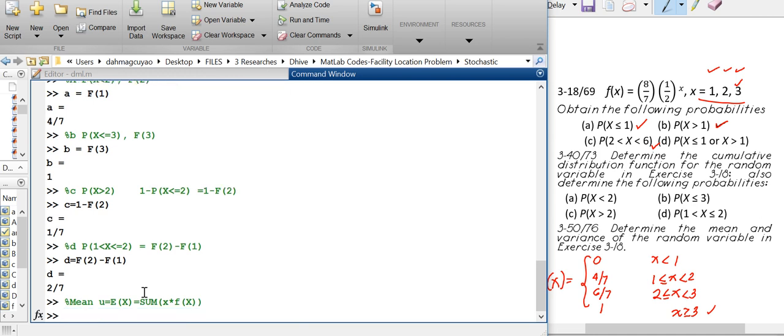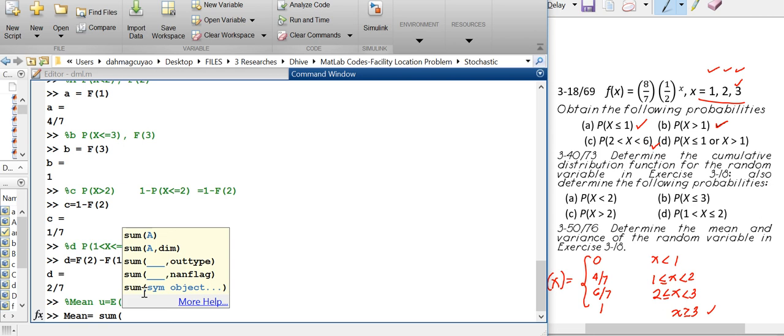So to compute for the mean, what we are going to do is to take the sum of the products of x and f of x. What are the x's? So we have x dot asterisk PMF of x.